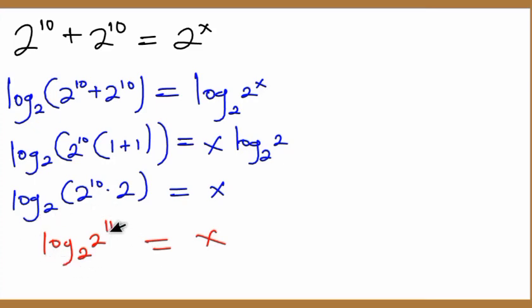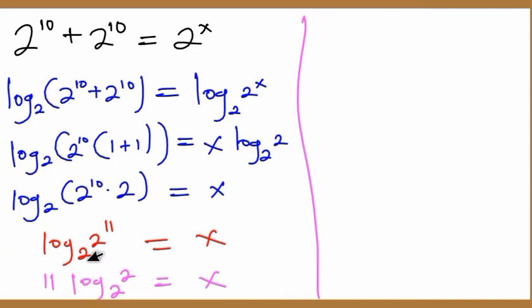Now this 11 drops as 11 log base 2 of 2 equals x, and I know the whole of this one gives me 1, so therefore my x equals 11.